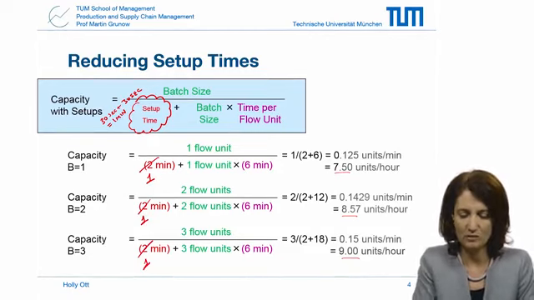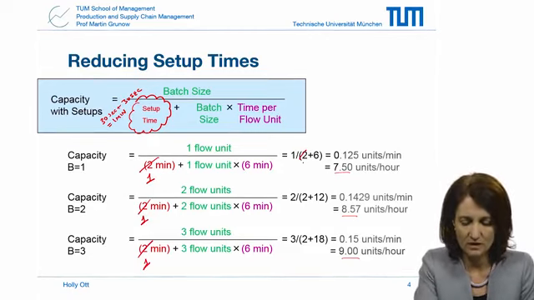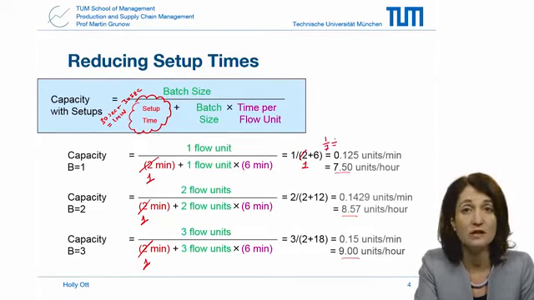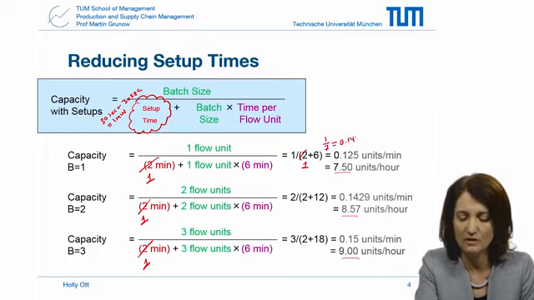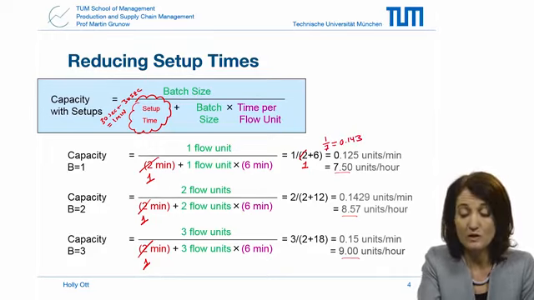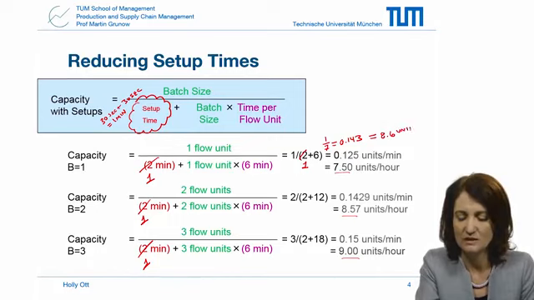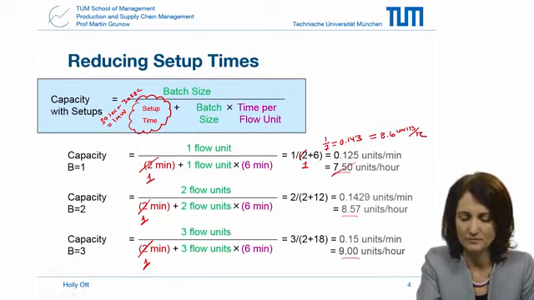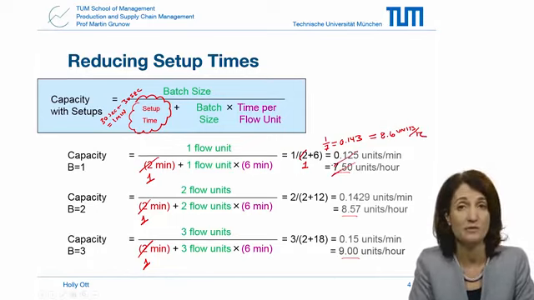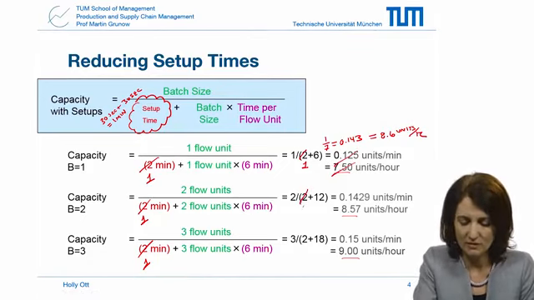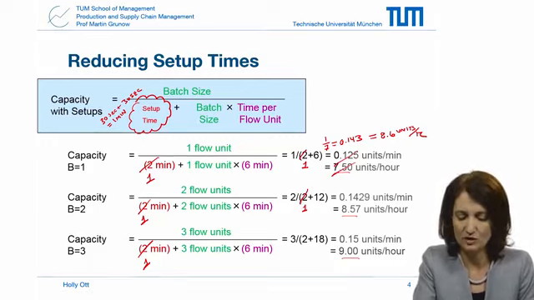For batch size equal 1, this gives us 1 over 1 plus 6, or 1 over 7, which is then going to be equal to 0.143 units per minute, which if you multiply that by 60, gives us 8.6 units per hour, if we have a setup time reduced then from 2 minutes to 1 minute. Same thing for the batch size of 2.